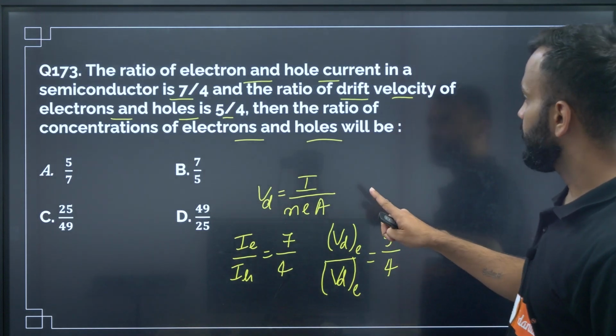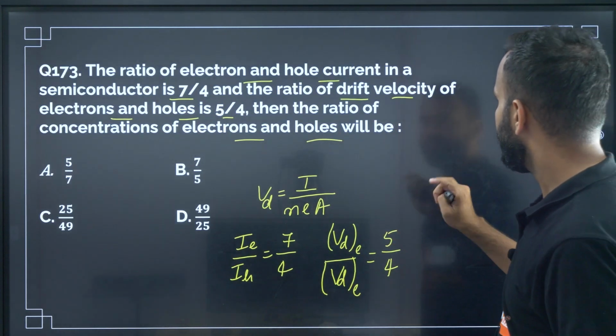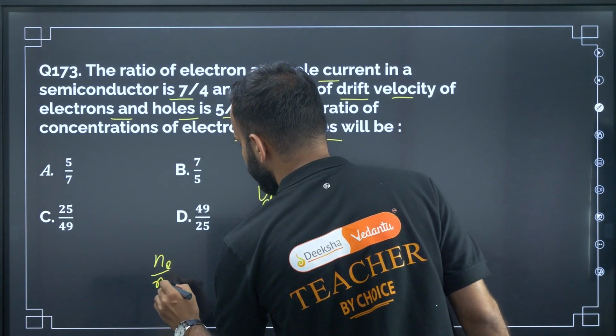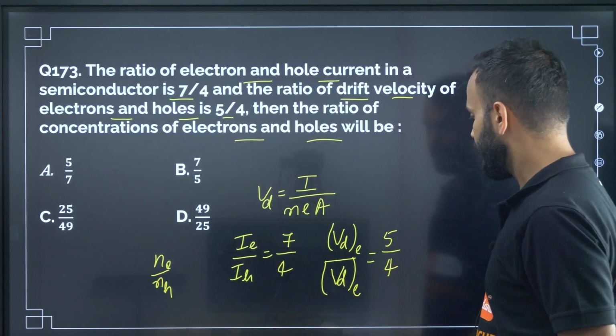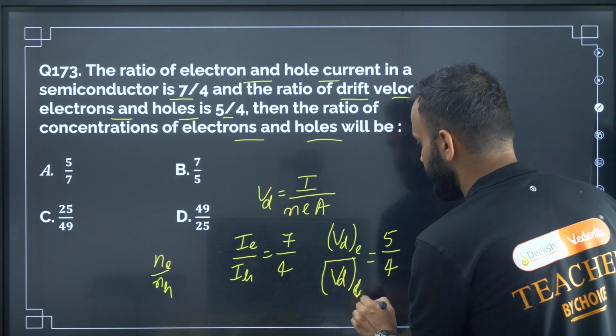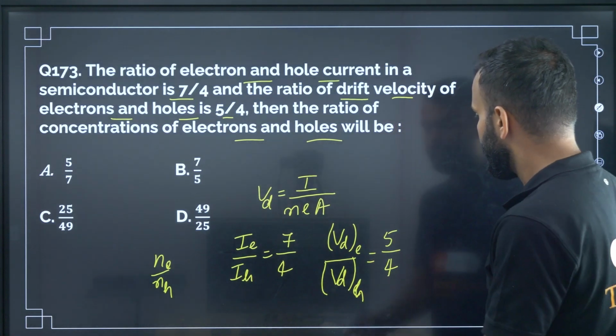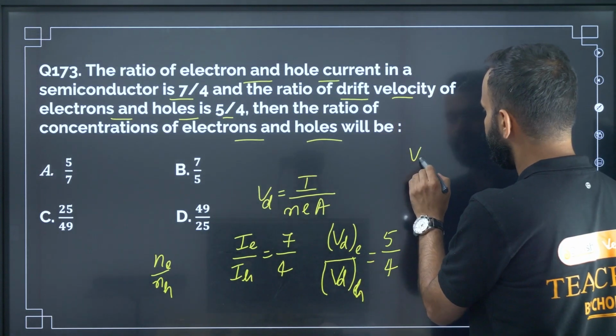Now we need to find the ratio of the concentration of the electrons and holes, that is Ne by NH. Here VDE, not VDH.